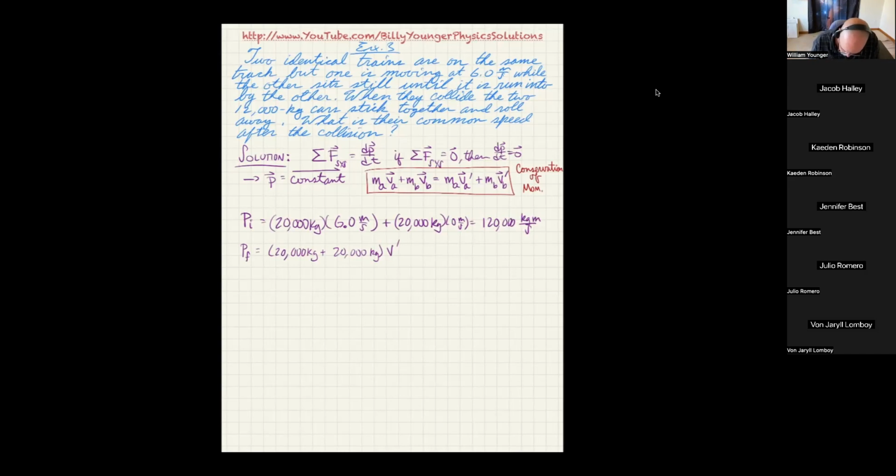So conservation of momentum tells us that P initial is equal to P final. So with that in mind, I'm going to say 120,000 kilogram meters per second is equal to 40,000 kilograms, because that's what 20,000 plus 20,000 is, times V prime. So that gives me that V prime is actually equal to 3.0 meters per second. Notice that's half the original speed.